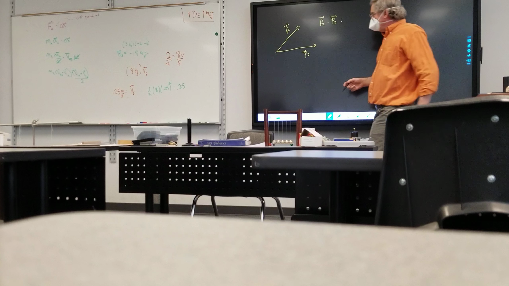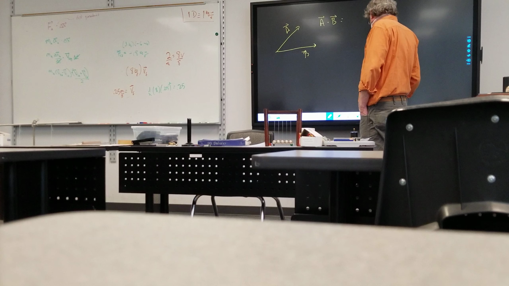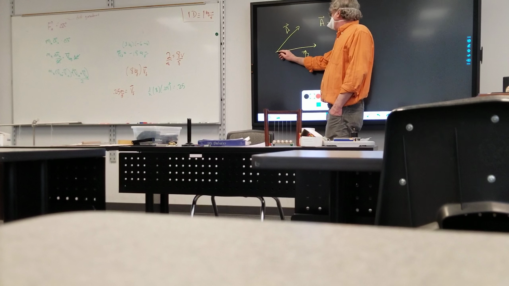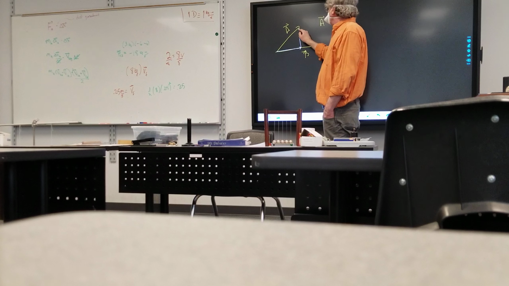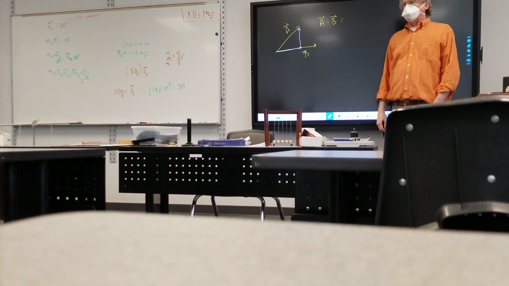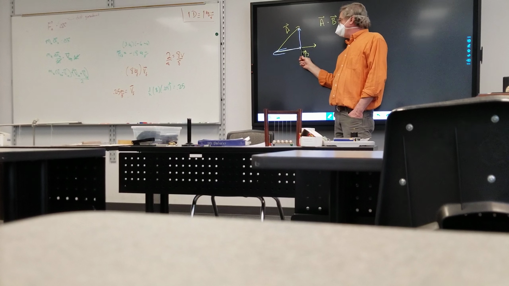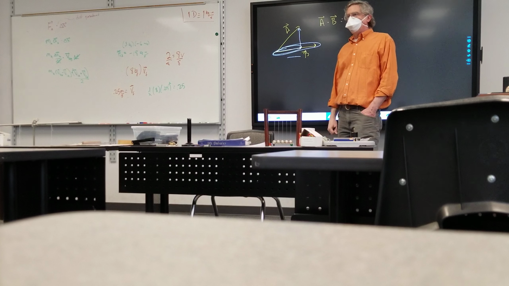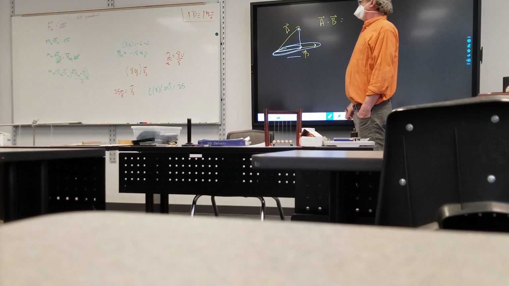I'm going to break A up so that part of it is in the direction of B and part of it is perpendicular to B. When I'm doing a dot product, I multiply the parts that are parallel. So I'm going to multiply this part right here times all of B.